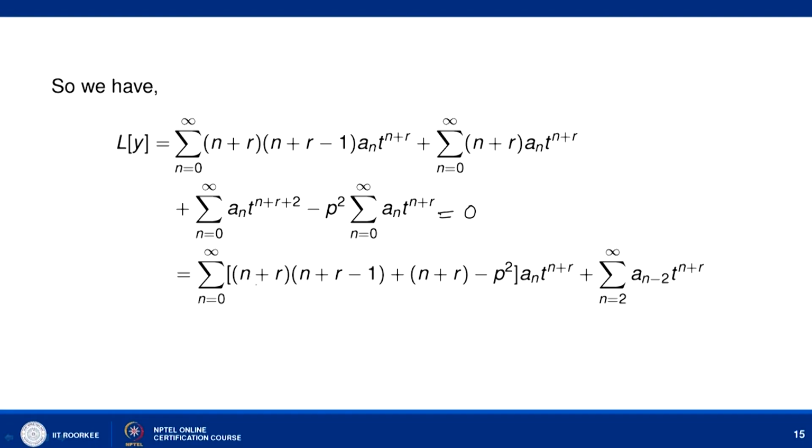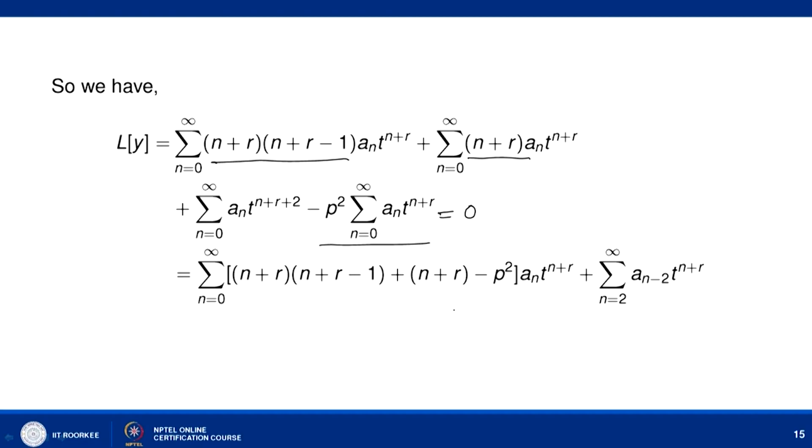So when we calculate, it is summation n equal to 0 to infinity of (n plus r)(n plus r minus 1) plus (n plus r) minus p square, times a n t to power n plus r. What is left is this, summation n equal to 0 to infinity a n t to power n plus r plus 2, that is written here. So Ly is given as this.